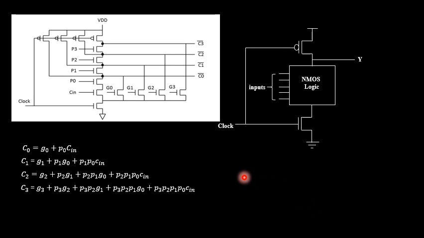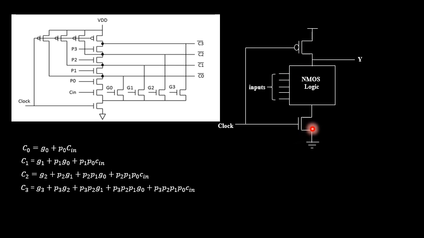Since you have seen the disadvantage of the CMOS logic structure as I go on increasing the number of bits, in order to reduce the number of transistors, I can apply this particular logic, in which I have one single PMOS transistor and one single NMOS transistor.